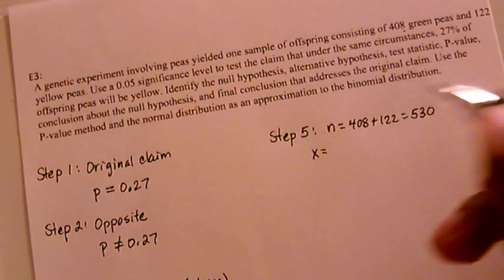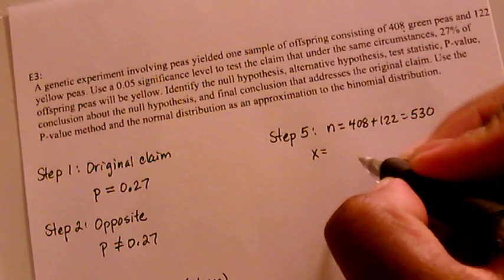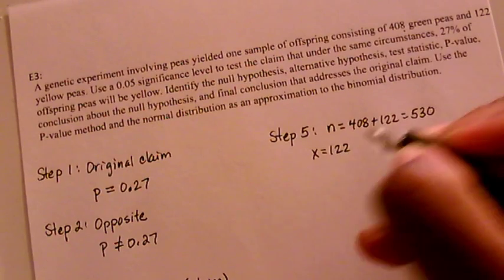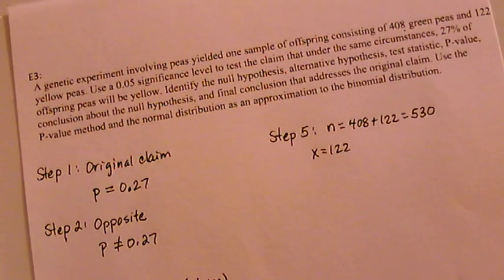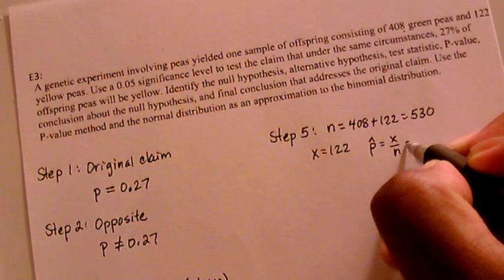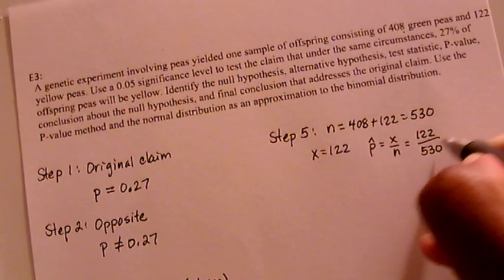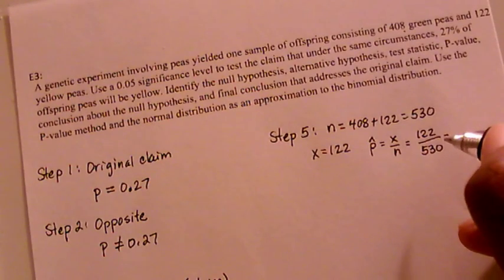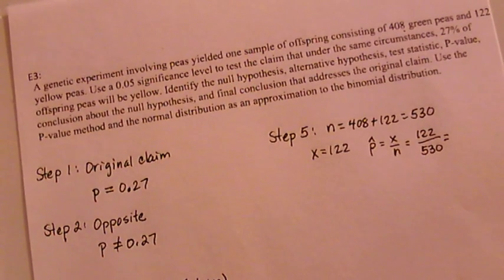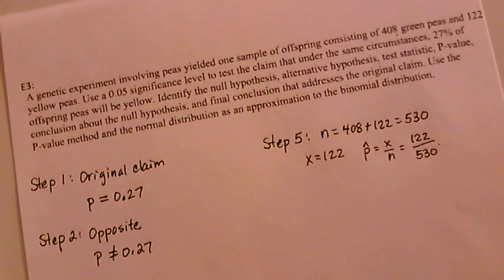And X, which is the number of successes, we're dealing with the offspring peas will be yellow, so they're 122 yellow peas. So that's our X, which is the number of successes. That's 122. Which means P hat is going to be X over N, or 122 divided by 530. Well, we'll just leave 122 over 530 as a fraction, and you'll see why.